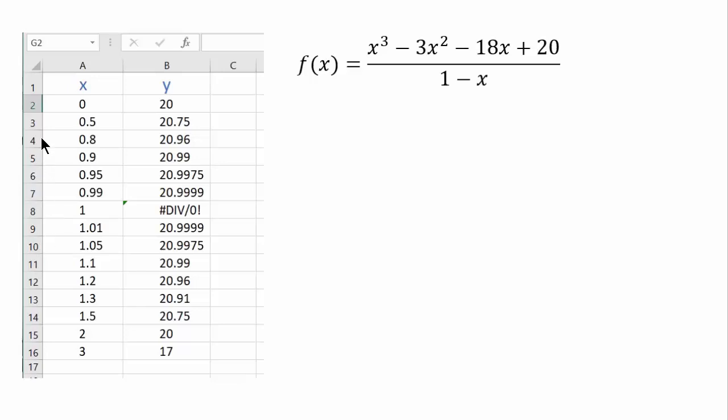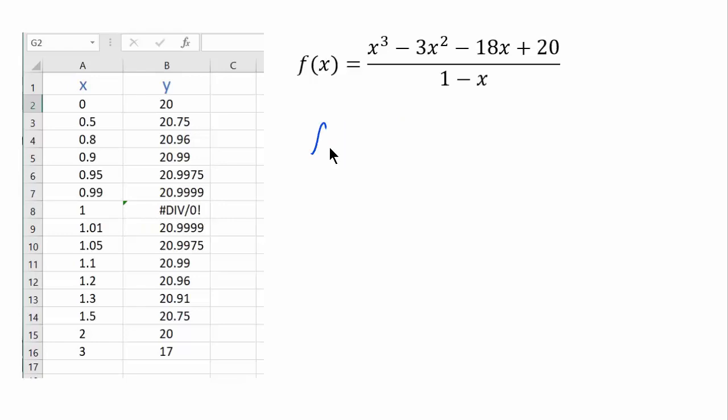We notice that as x approaches 1 from both sides, y approaches 21 from here and here, which suggests that f of 1 equals 21. But unfortunately, we cannot write this because at exactly x equals 1, the function is undefined. And as you see here, Microsoft Excel gives an error saying that this is division by 0.